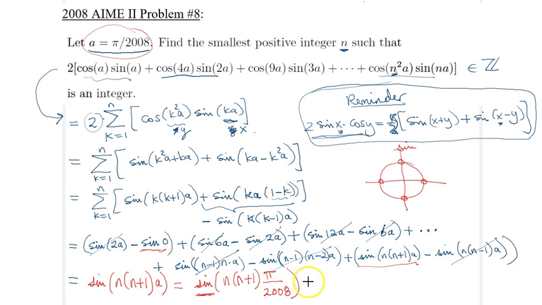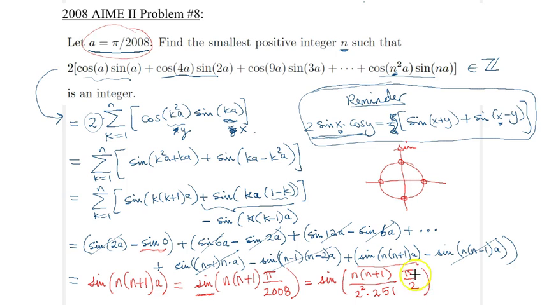So expressing this further, if I do the prime factorization of 2008, I realize it would be simply 2 cubed times 251. So therefore this whole thing will become n times n plus 1 times pi over 2 squared times 251, and then pi over 2.